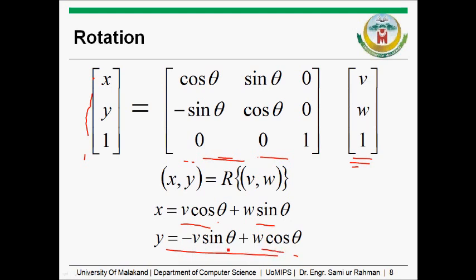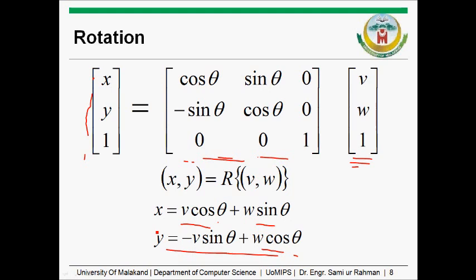Any confusion about the sign values? In the previous slide, x contains the minus sign and y the plus sign. So then we need to replace these values.